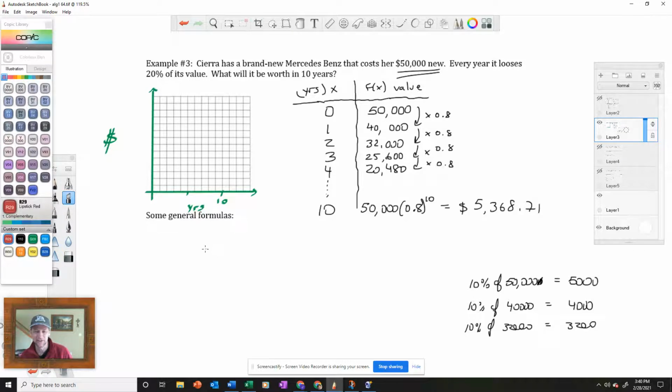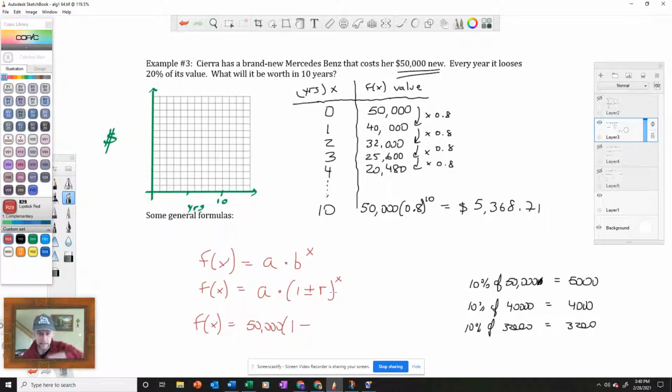Some of you guys figured it out already. I know you did. Because I said that the general form is a times b to the x, and b, unless it's obvious, like doubling or tripling or halving, is very often 1 plus or minus the percentage to the x. And in this particular case, my a is 50,000. That's your initial amount. 1 is just 1.